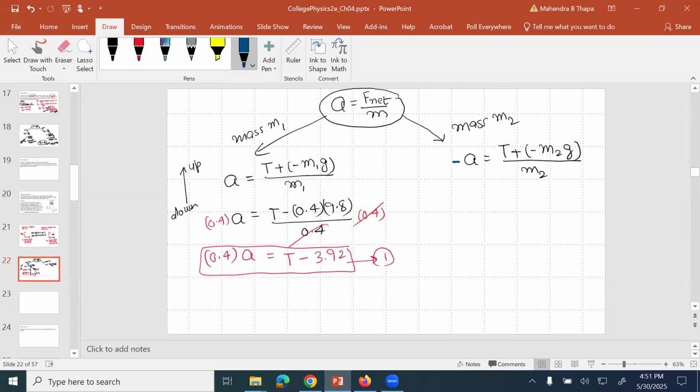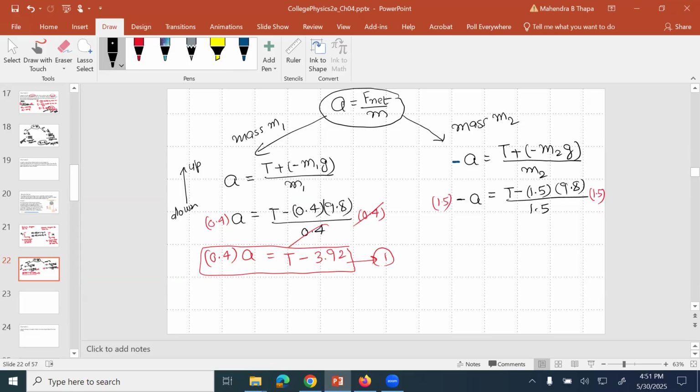Now again, as before, we plug in the numbers. We don't know the acceleration, so A remains as it is. So T minus M2, replaced by 1.5, G replaced by 9.8, over 1.5. To solve this, I multiply both sides by 1.5.